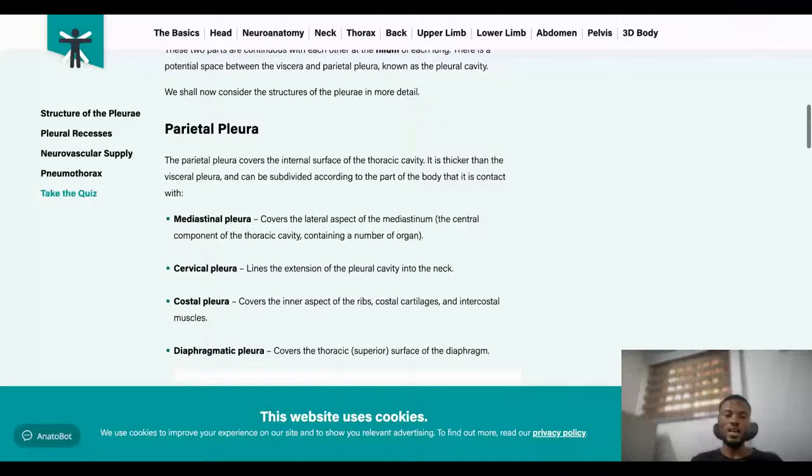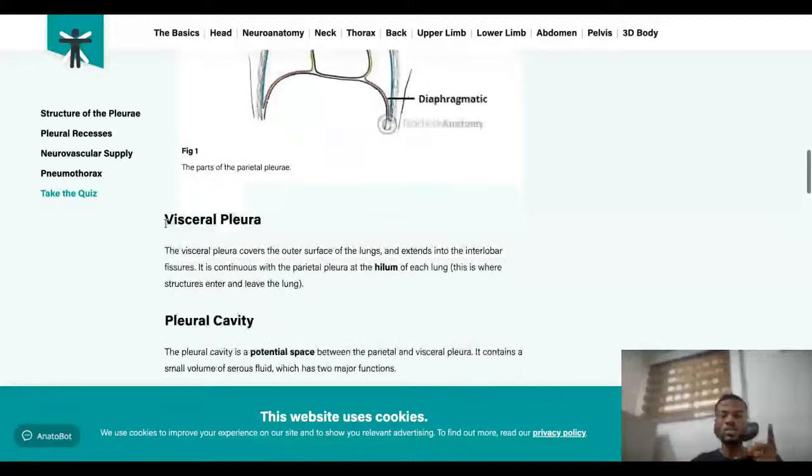Yes, parietal pleura and then visceral pleura. Learn about all these things.